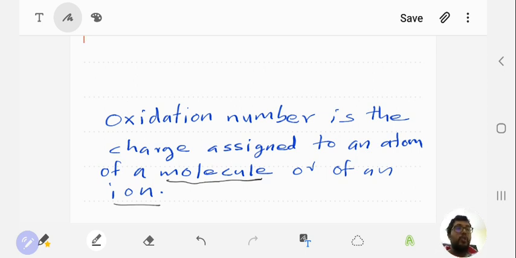Today I am going to tell you some rules on how to find oxidation numbers easily. If we use these rules, we can easily find any oxidation number.